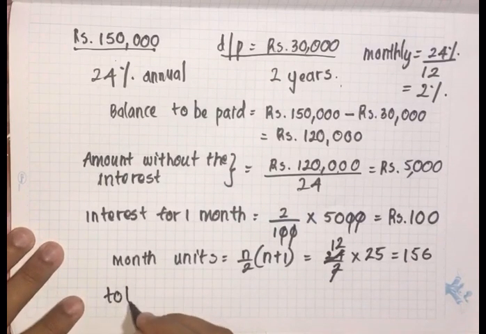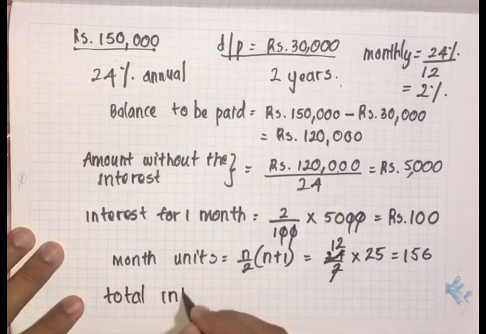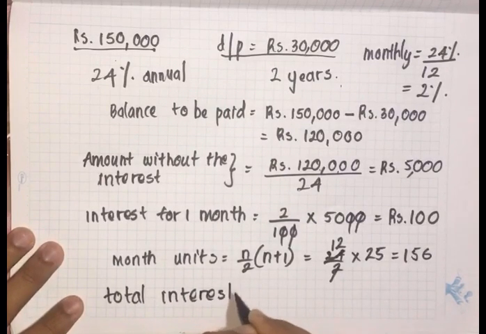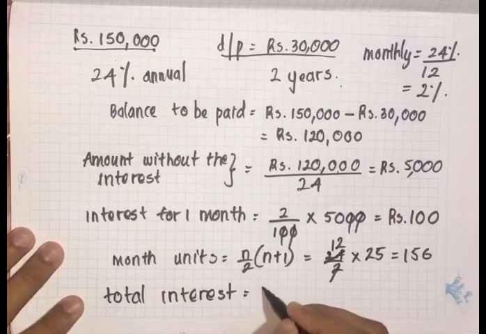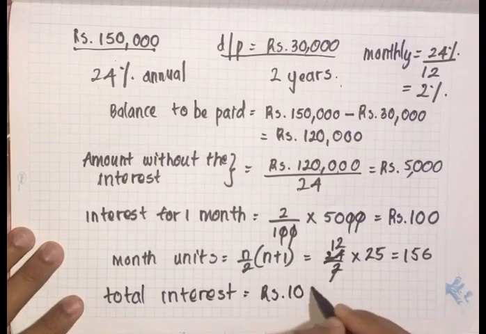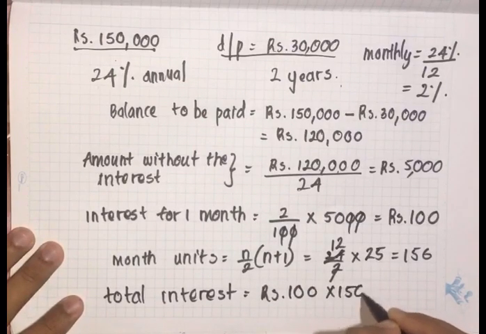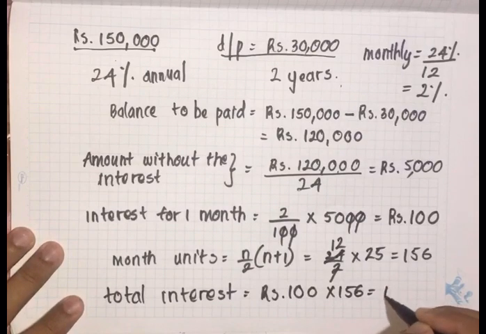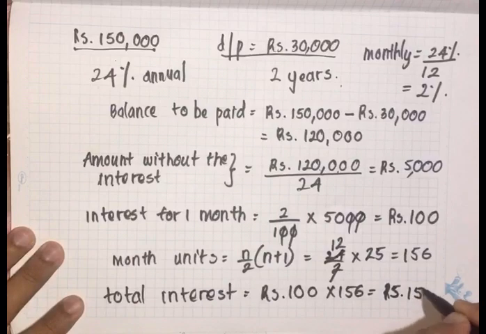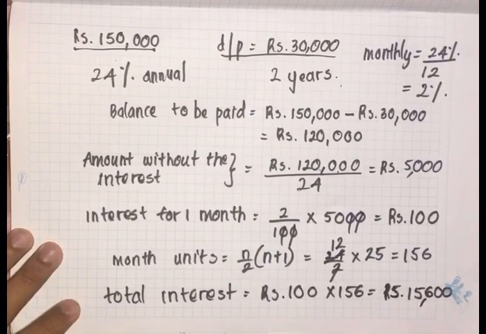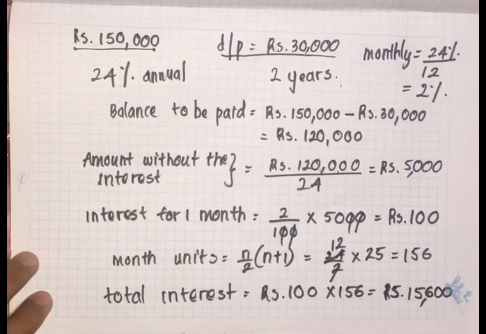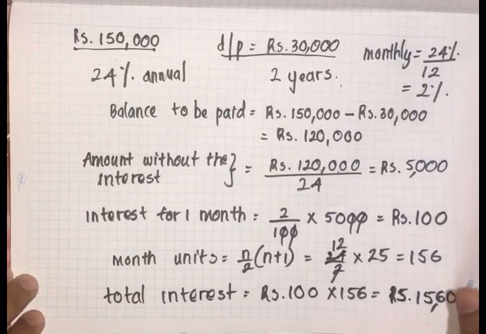Now to find the total interest, you multiply the interest for 1 month by the total number of month units, 156. That gives Rs 15,600. Is that clear? That is the total interest.